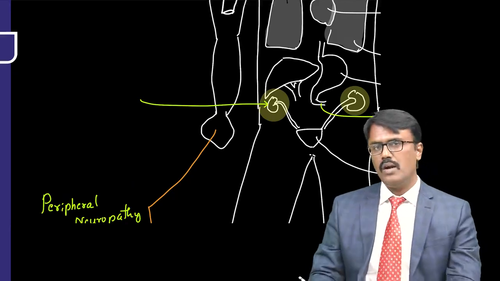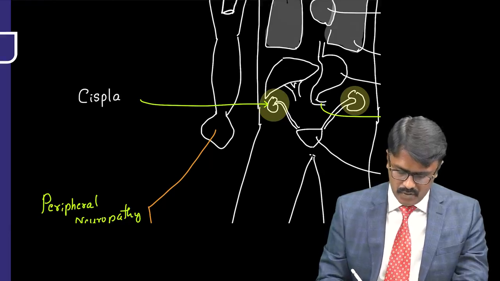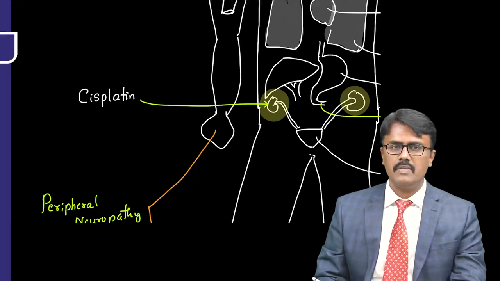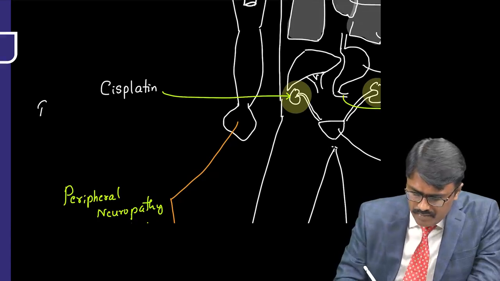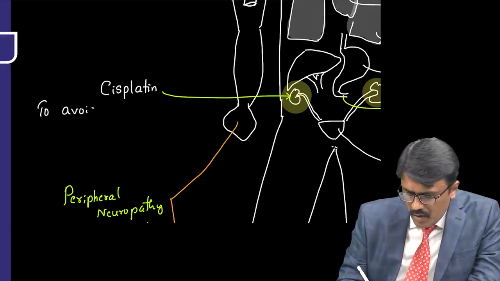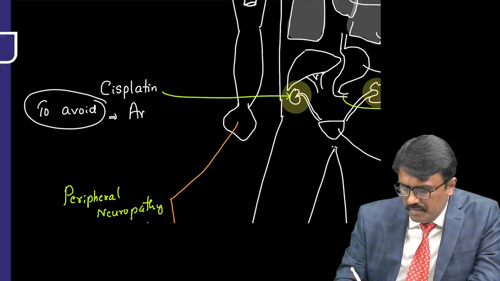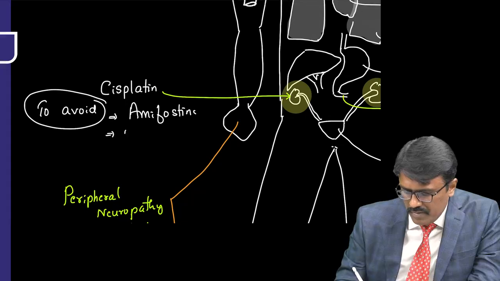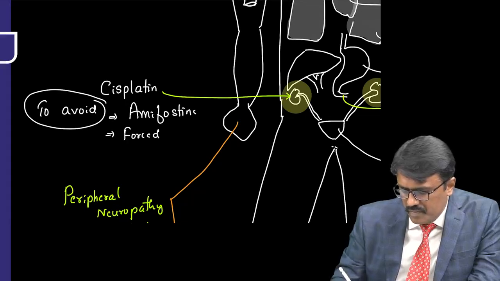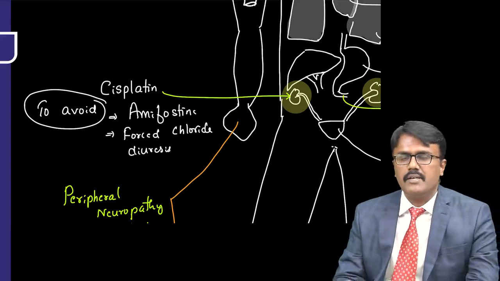What drug can damage the kidney? Mainly it is cisplatin. So the majority of our questions are based on cisplatin. Cisplatin can cause nephrotoxicity. Now how do you avoid cisplatin-induced nephrotoxicity? One is by using amifostine. One more by forced chloride diuresis. So these are the methods to prevent that.